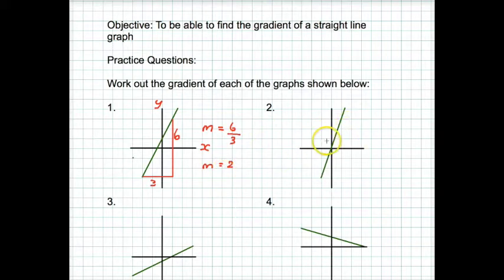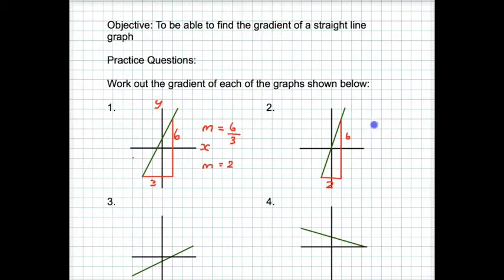Question 2 then. Let's do the same thing. This time I'm going to go to this point here and draw a line across 2 squares, and then go up till it touches the line there. Now I need to count the difference, so I've got 1, 2, 3, 4, 5, 6 again, but this time we've only got 2 going across here.